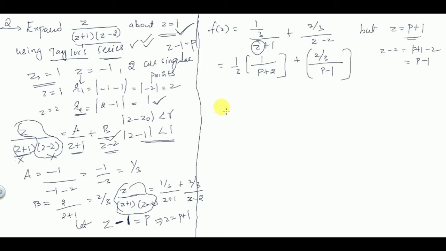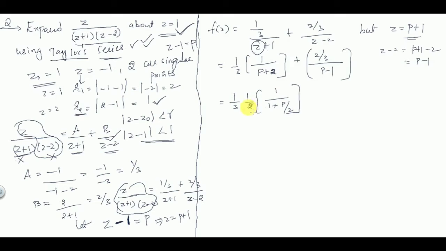Okay, so 1 by 3 into, taking 1 by 2 common, it becomes 1 plus p by 2. If you take LCM, 2 plus p by 2, so this 2 and these 2 get cancelled off, you'll get again 2 plus p only. I am taking 2 common.